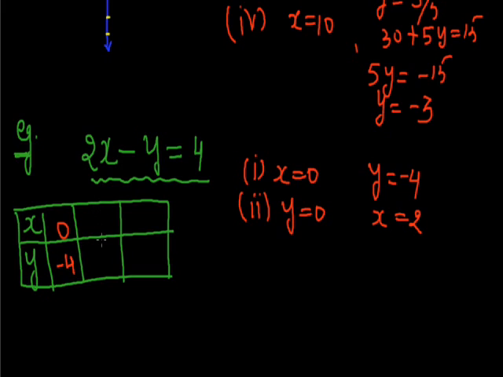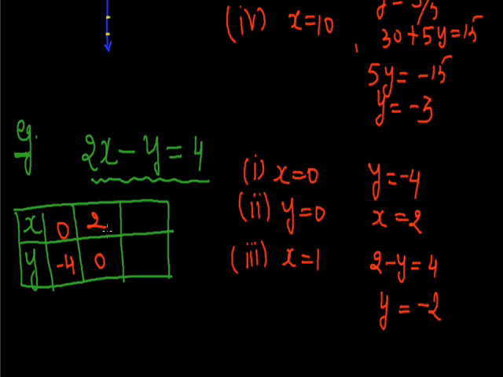When x is 2, y was 0. If you put x equals to 1, then 2 minus y equals to 4. The value of y will be equals to minus 2, which is easy to locate, and we get the line.